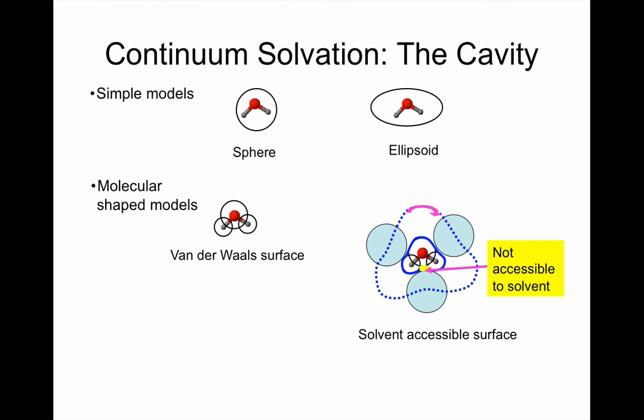Here we can choose between some simple models, which for example treat the cavity as being a sphere, or we can go to some more refined models which make use of molecular shaped cavities.